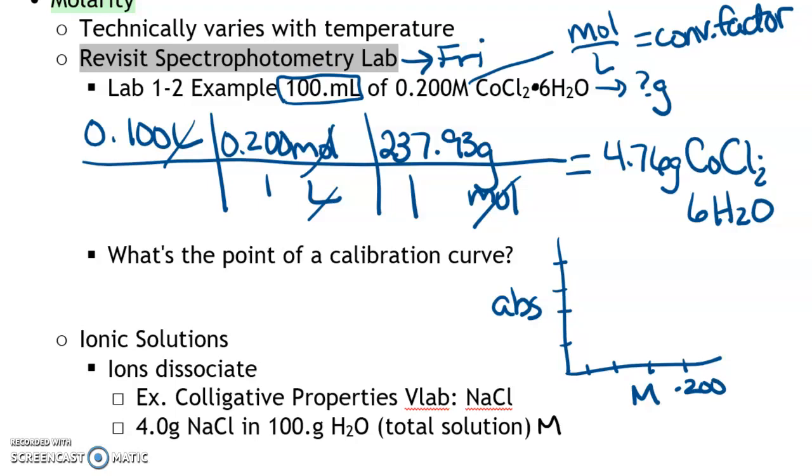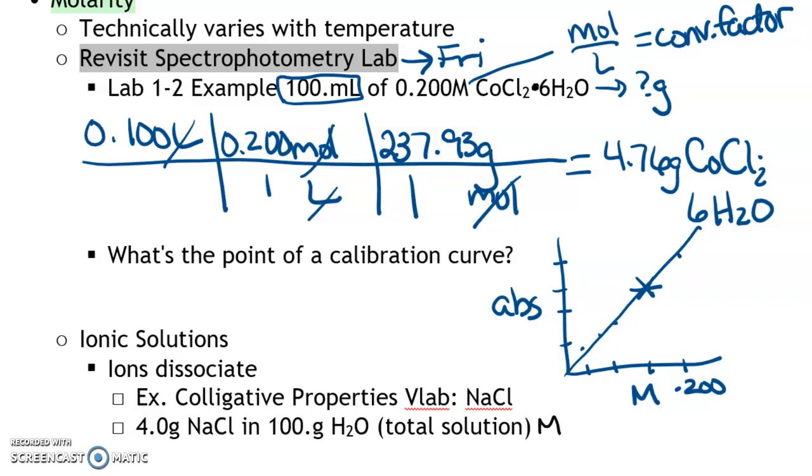So what you'll end up with is you're going to create known solutions. We'll review how to dilute a solution in just a second. But you're going to create known solutions and read their absorbances. So you're going to end up with a few data points that allow you to come up with a line of best fit. In this lab, you're also going to be given an unknown concentration of the cobalt-2 chloride.